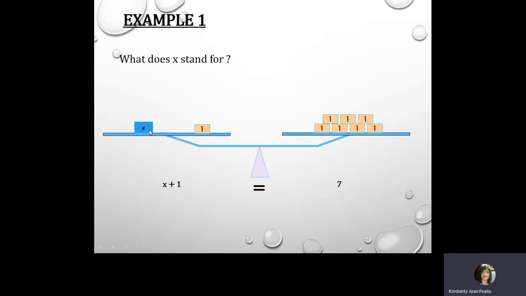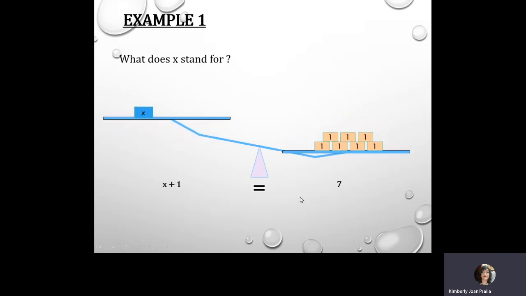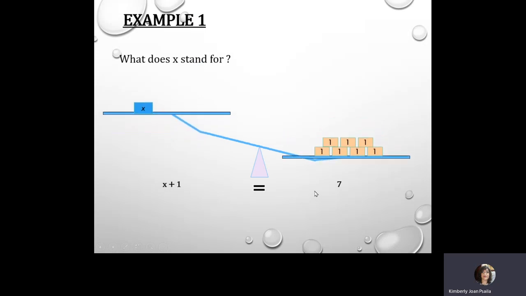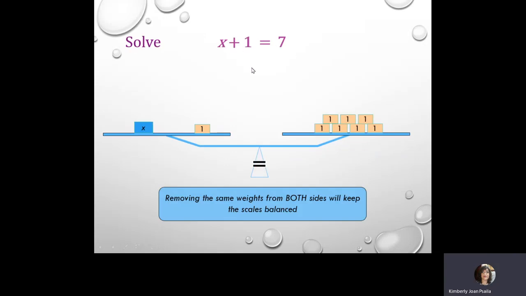In order to find the value of x, the first thing to come to mind is to leave x alone on this side. However, if we remove that one, our balance is not balanced now. So our equation is not balanced, is not equal. So what should we do in order to solve this equation?